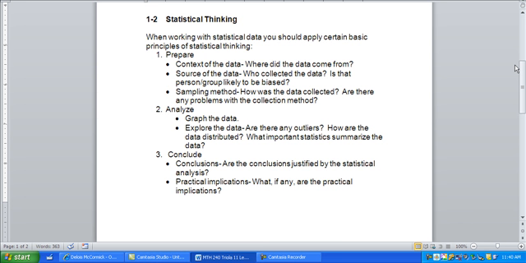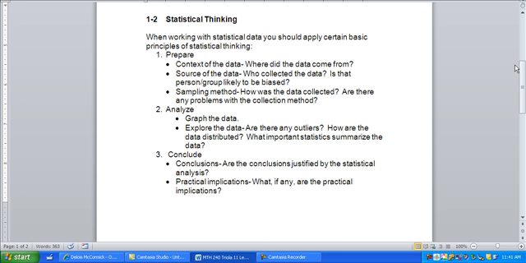We also want to know what sampling method was used. Was it a convenience sample where they simply interviewed people who were convenient, like family members and friends? Or was the sampling method random?